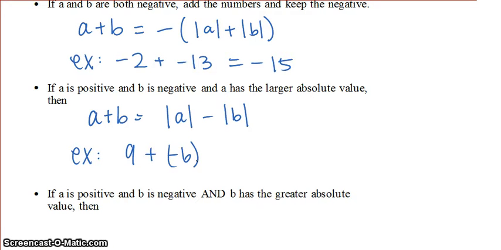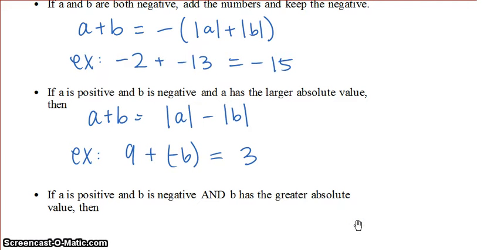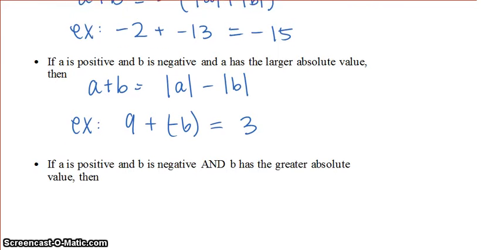So all you're going to do is take the absolute value of A, which is 9, and the absolute value of B, which is 6, and subtract them. 9 minus 6 is 3. We know that adding a negative is also the same as subtracting, so really it's just 9 minus 6. Now, keep in mind, this is only in this specific case where A is the positive number and it has the greater absolute value.